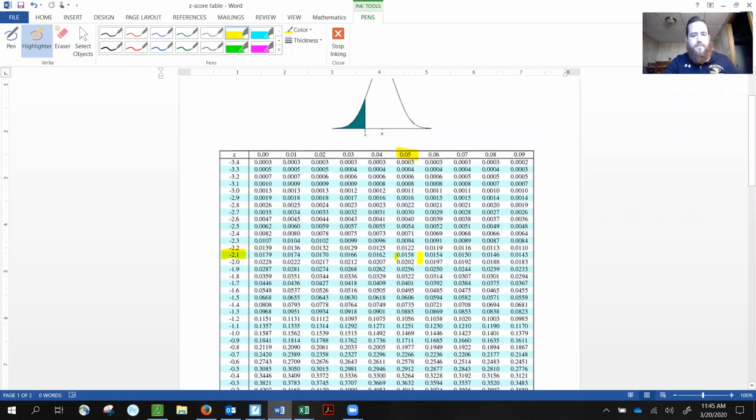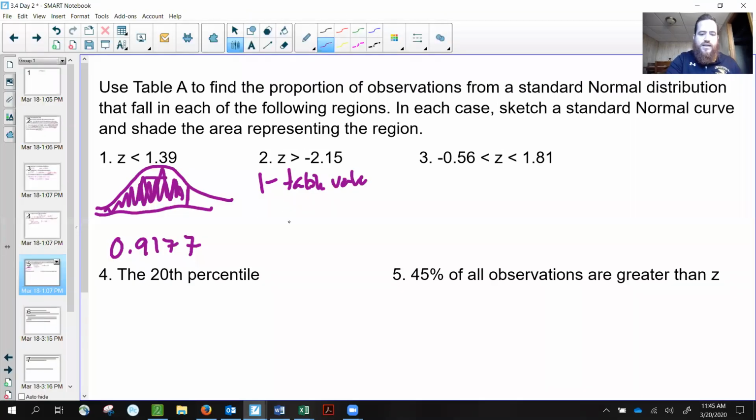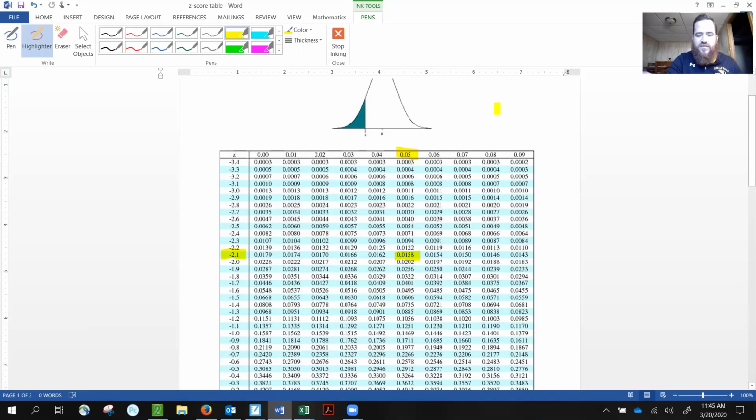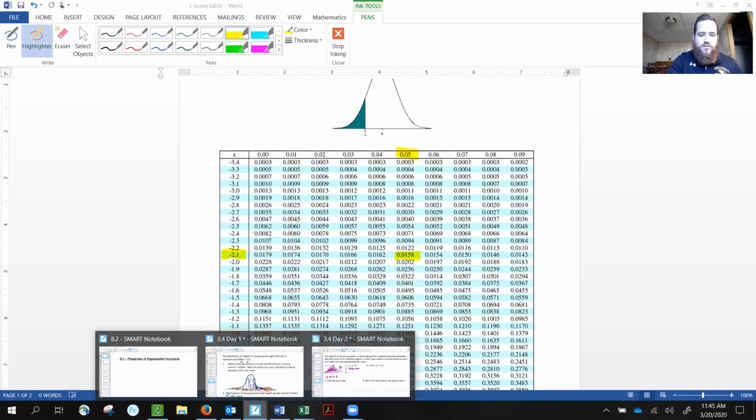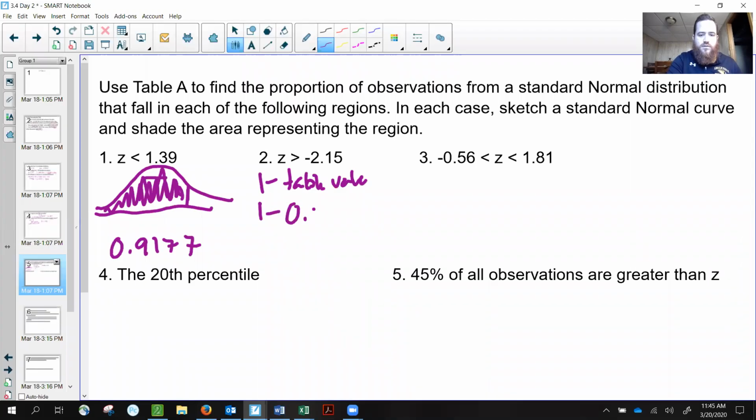So that right there. So it's 1 minus that table value of 0.0158, or 0.9842.